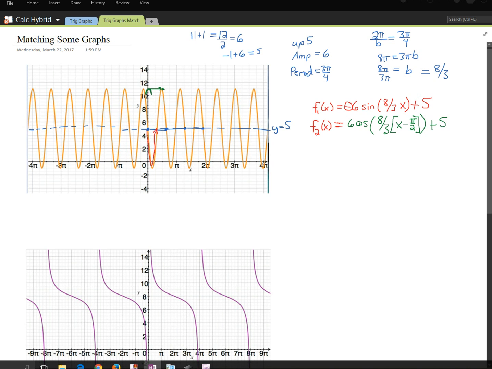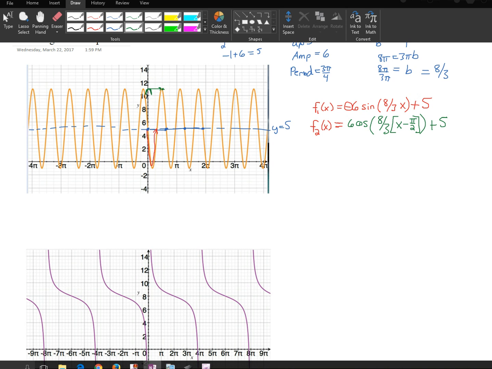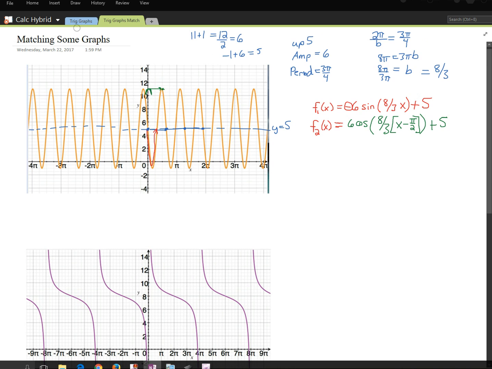Let me do another option. Am I running out of colors yet? Looks like I am. So maybe I'll do one in black. So another option for cosine, there's of course an infinite number of options, but another option would be I can move it left a little bit to this spot right here. Yeah. So that'd be a positive cosine still.